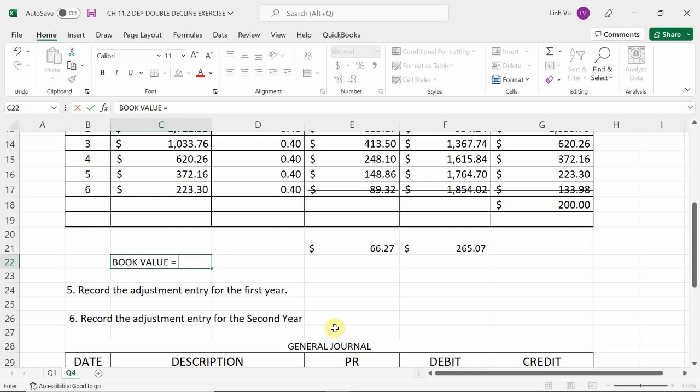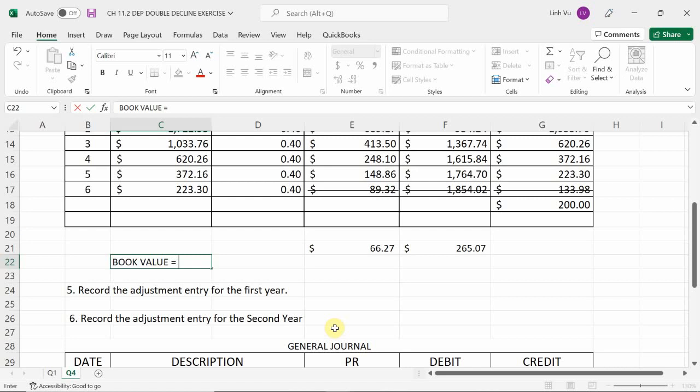Would the accumulated depreciation be 67? How did you get 67? What I did is that I subtracted the previous book value from the actual salvage value. No. Okay, well, still, let's look back at this.